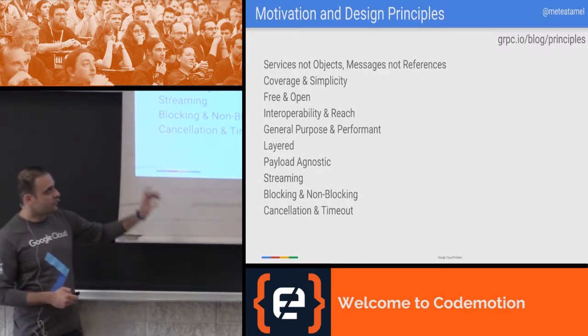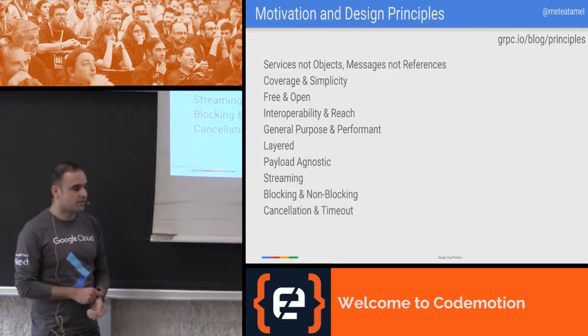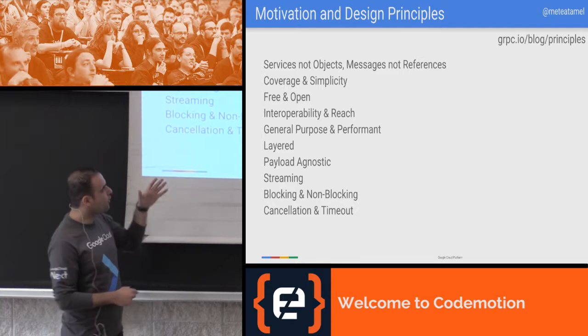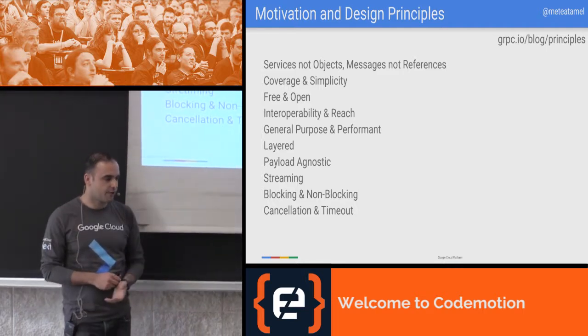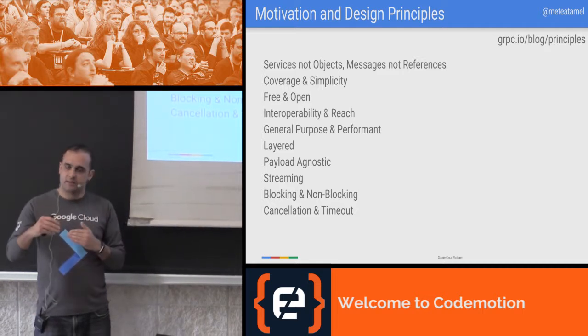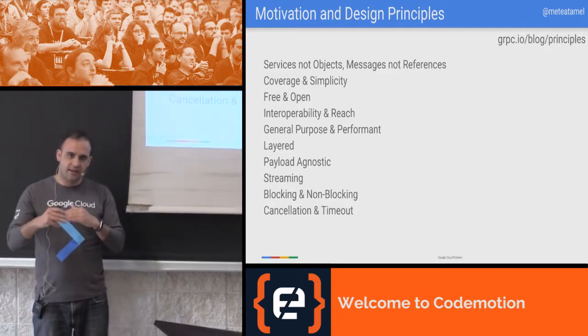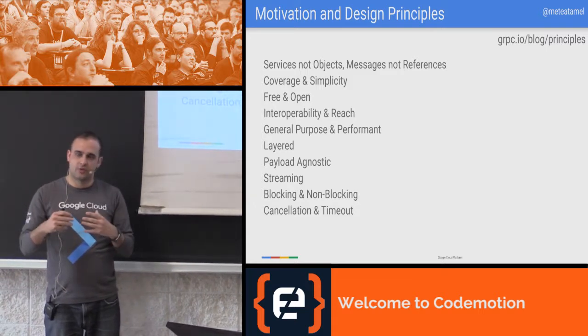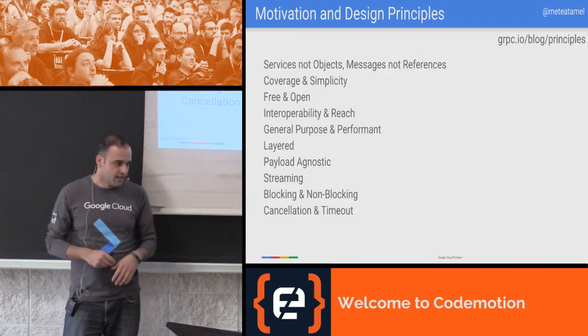There's a website where you can see the principles of gRPC. I won't go through them all, but to point out some of them. First of all, it's free and open. That's really important. It's layered, meaning every layer of gRPC is layered and pluggable, so if you don't like something, you can easily plug in whatever layer you want.